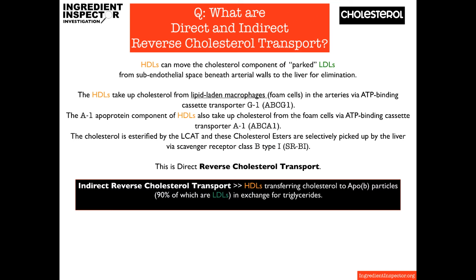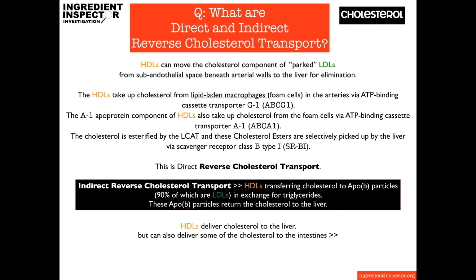These ApoB particles then return the cholesterol to the liver, so that's the indirect way. HDLs deliver cholesterol to the liver, but can also deliver some of the cholesterol to the intestines. This is known as transintestinal cholesterol efflux, or TICE.